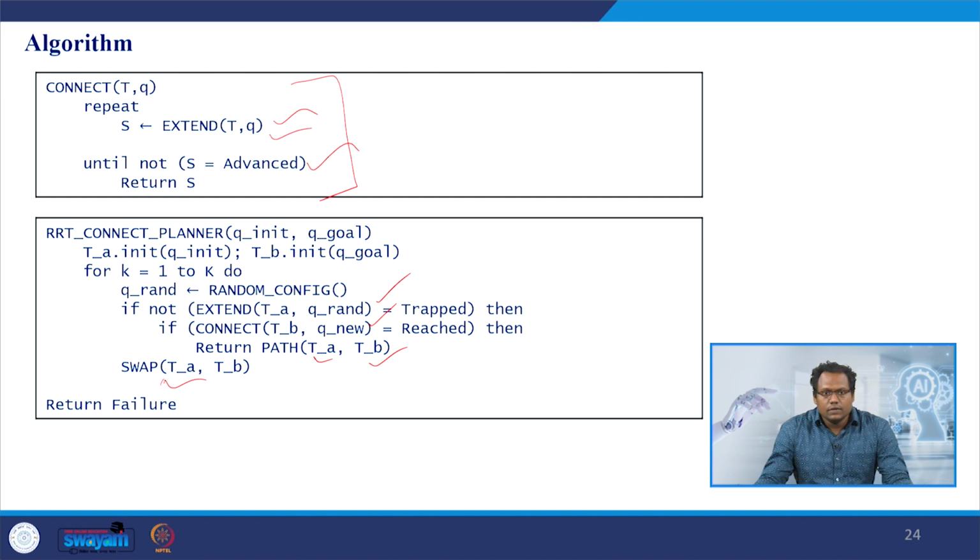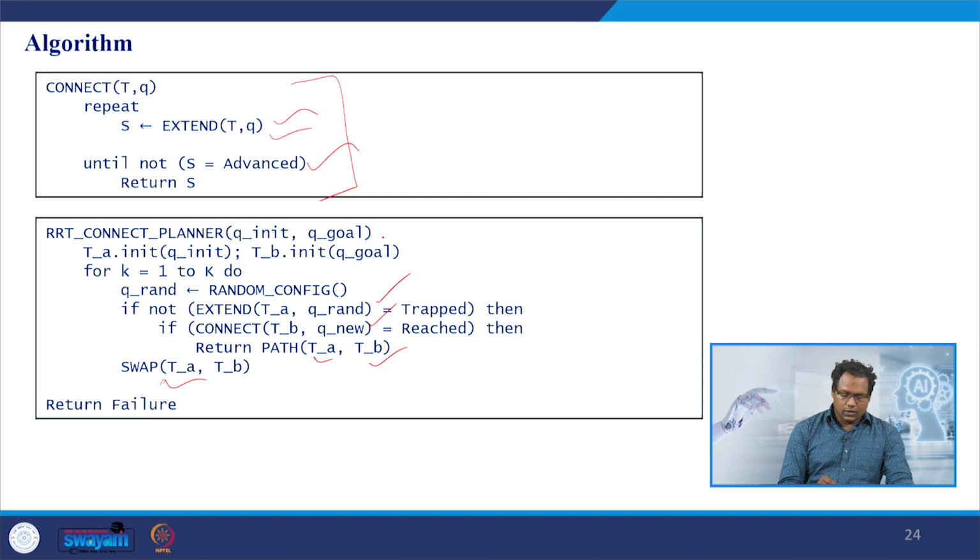In that way, we go for extending TA. Let us say TA is the tree with the start node as its initial node and TB is the tree with the goal node as its initial node.